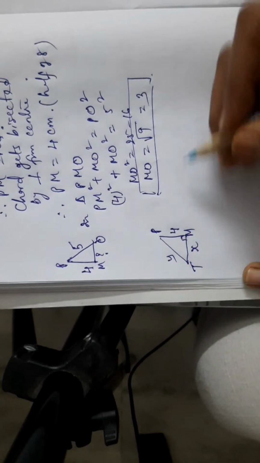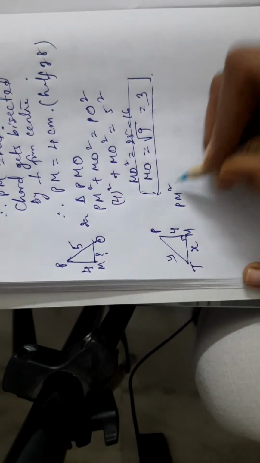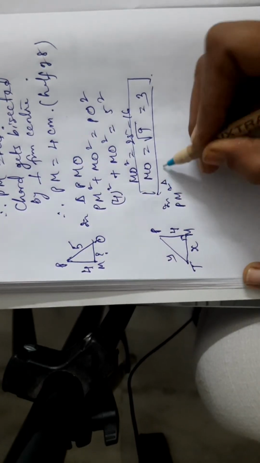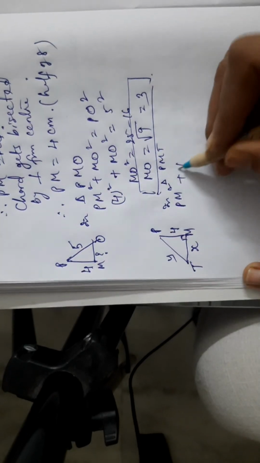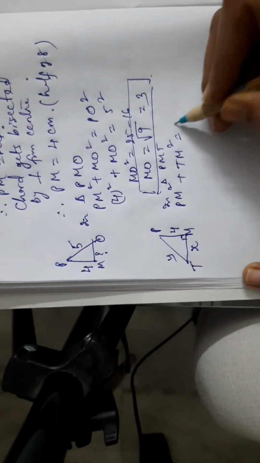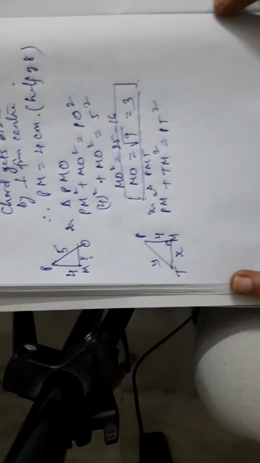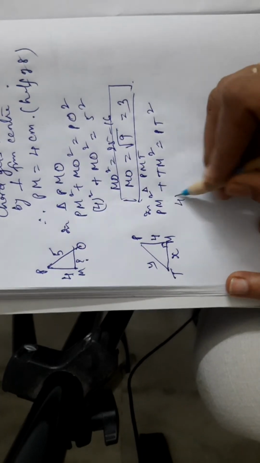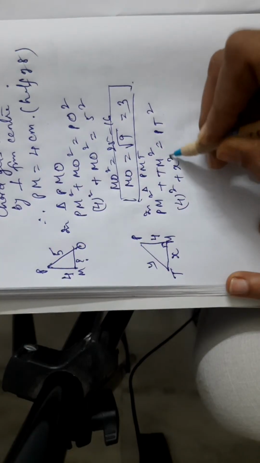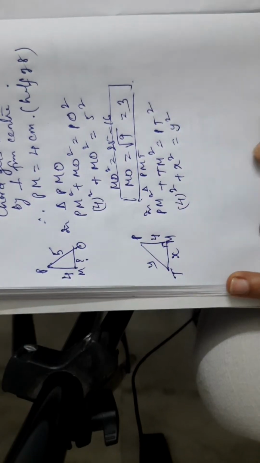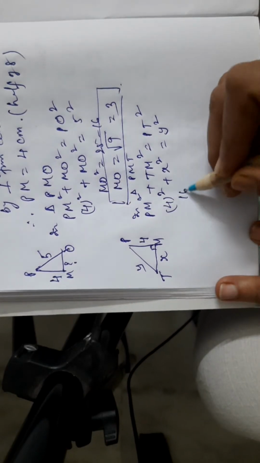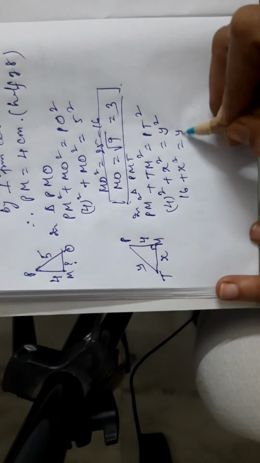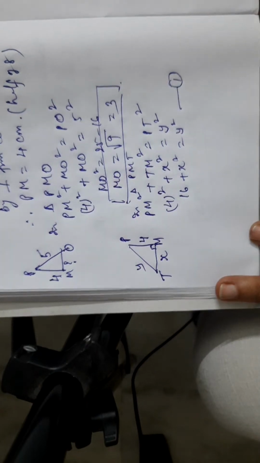Again applying Pythagoras, PM square plus TM square is equal to PT square. PM is 4, TM is x and PT is y. Thus 16 plus x square is y square. Let that be one more equation.